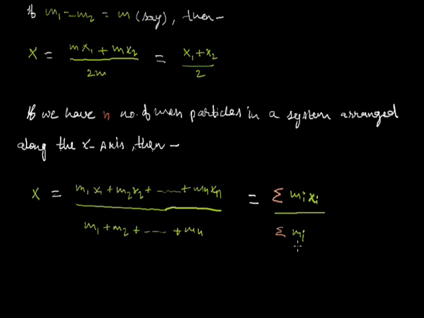The term sigma mi represents the complete mass of the system. So we can write this as sigma mi xi divided by capital M, where M equals sigma mi, the combined mass of the particles, that is, the total mass of the system.